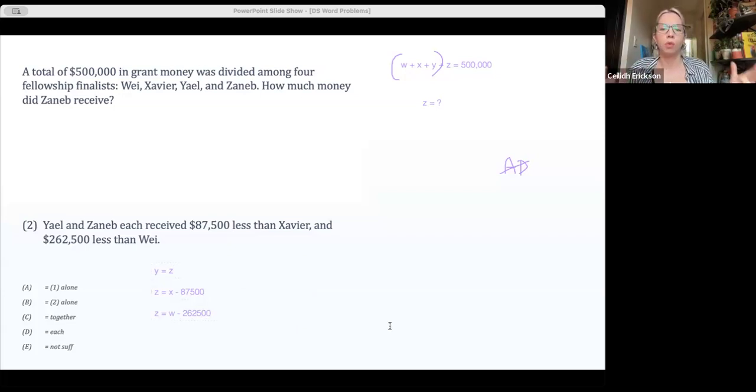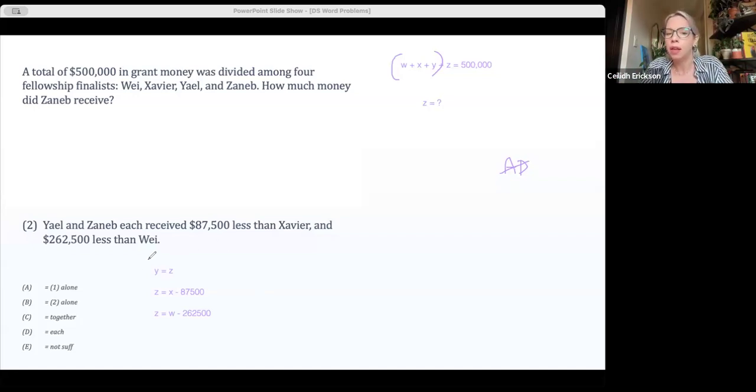Okay, so what was the amount that Zainab received? Trick question. We don't care. Do not actually do that math. These numbers are messy, they are complicated, and our job is not to actually solve here. Our job is to figure out if we have enough to solve.